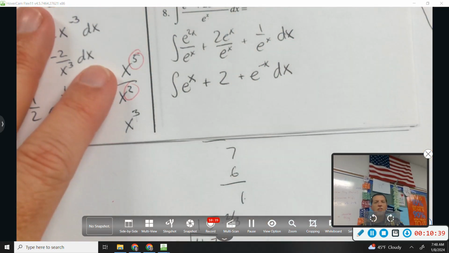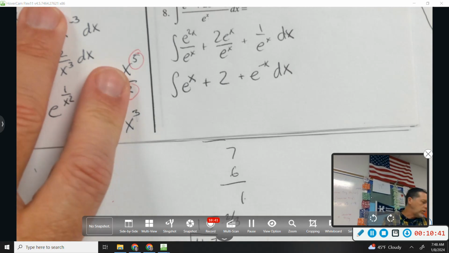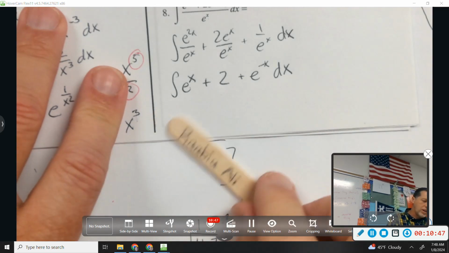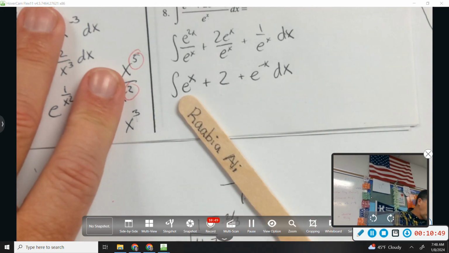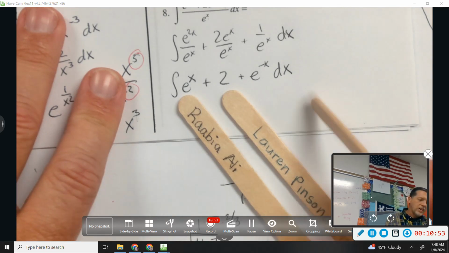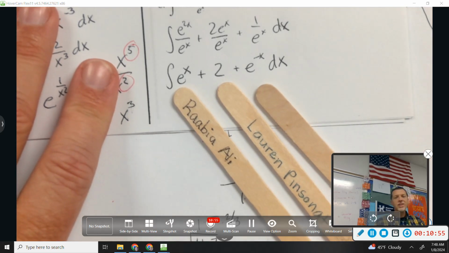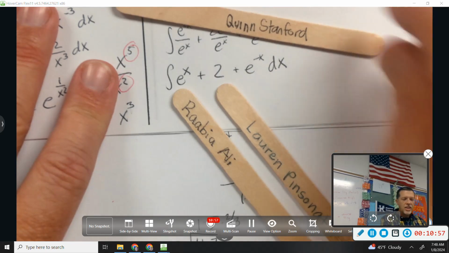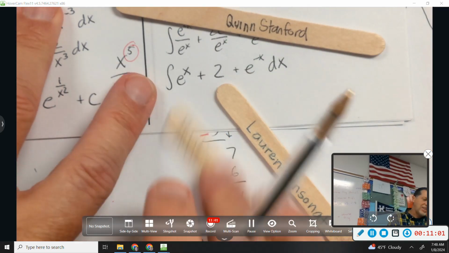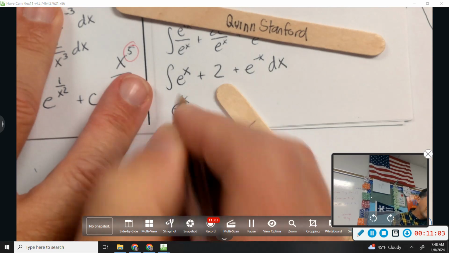Okay, that was algebra. Now we do some calculus. I can definitely call on people for the first two, I think, and then feeling confident that Quinn could handle the last one. So, Rabia, what's the antiderivative of e to the x? E to the x.